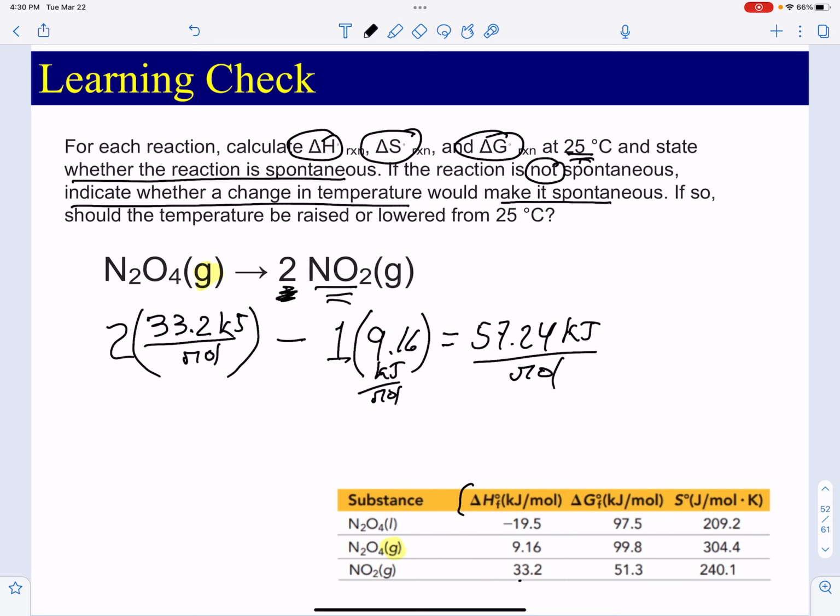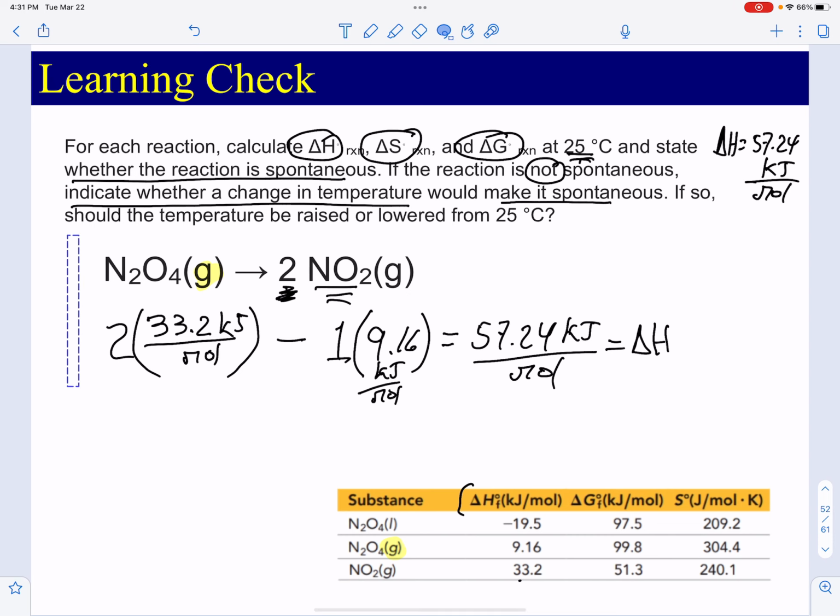So based on the delta H, it's an endothermic reaction, so there's a possibility that it may not happen, but we don't know for sure until we calculate the delta G. So delta H is going to equal 57.24 kilojoules per mole.